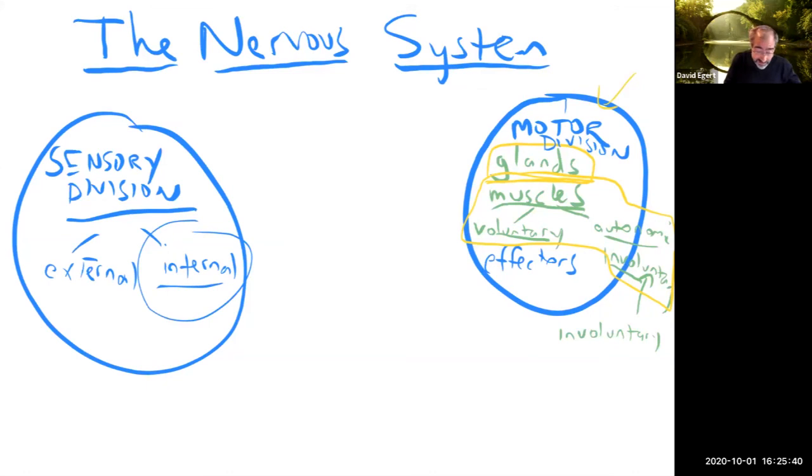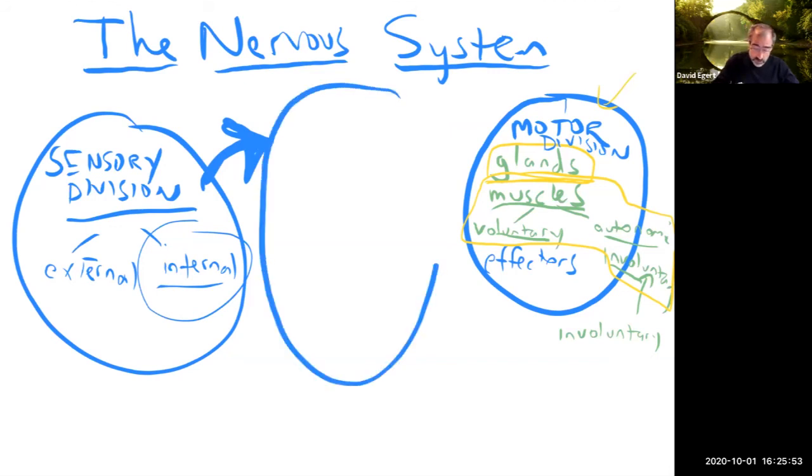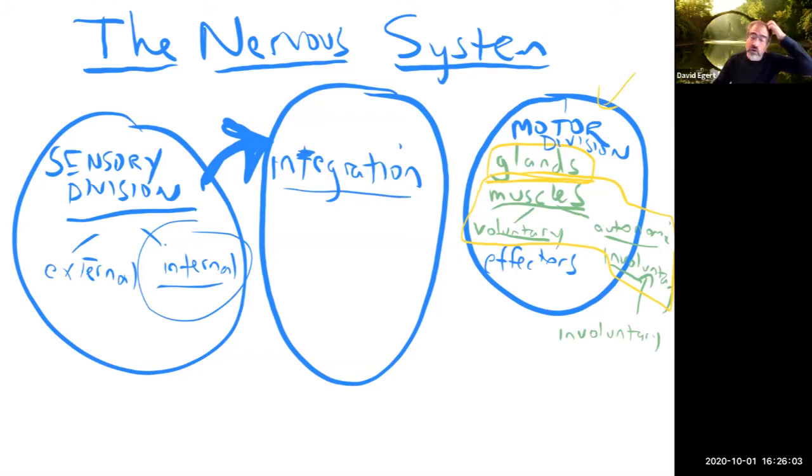And then there's the whole part in between. So you have information about what's going on inside and outside, but then you have to figure out what we do with it. So that middle part we're going to call integration. Integration is kind of figuring out what is the appropriate response given the current state of the inside and outside world.